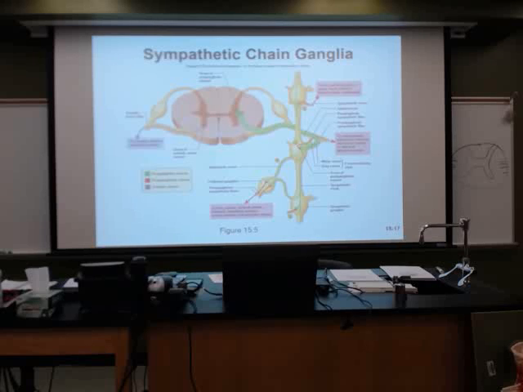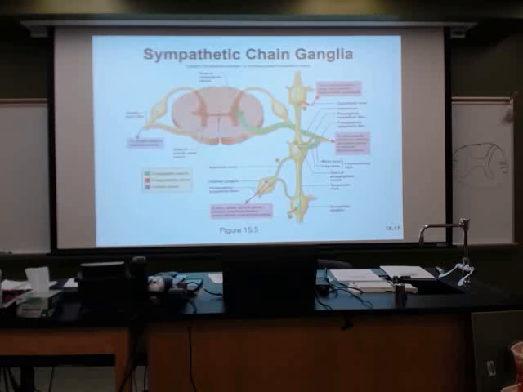One of the things that happens when the sympathetic division gears up is that we're not just dealing with viscera, we're dealing with smooth muscle. Where else might you find smooth muscle that is not within the viscera?